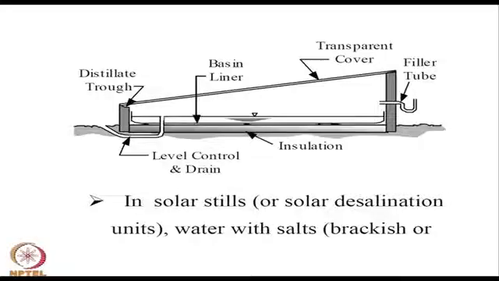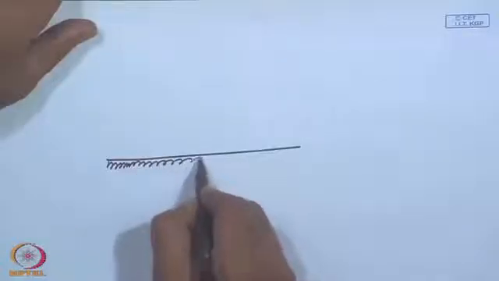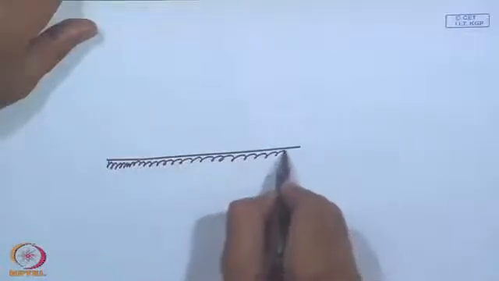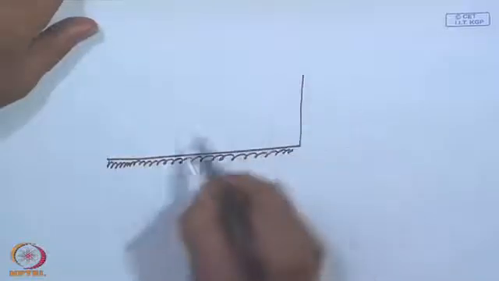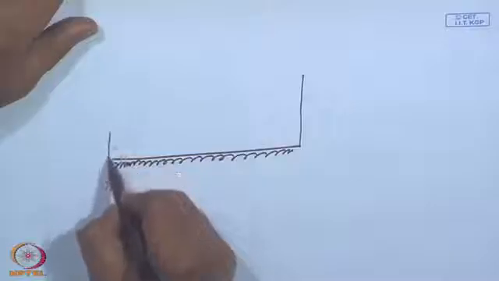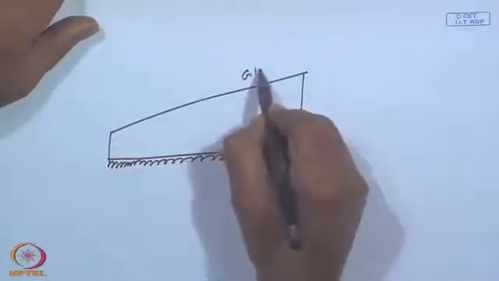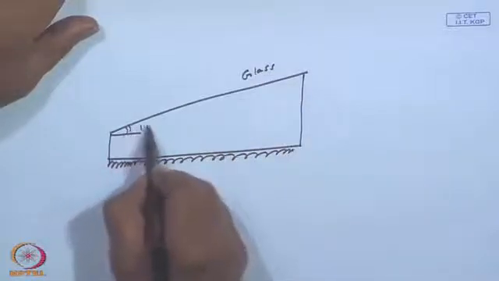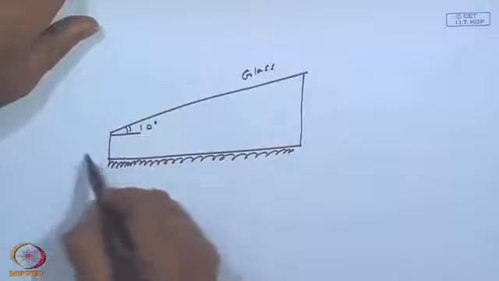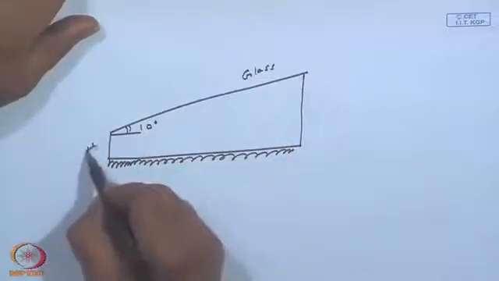You can have the bottom with an insulation, and this is the glass. The slope is typically 10 degrees, and this may be about a foot, or let us say 30 centimeters, right.